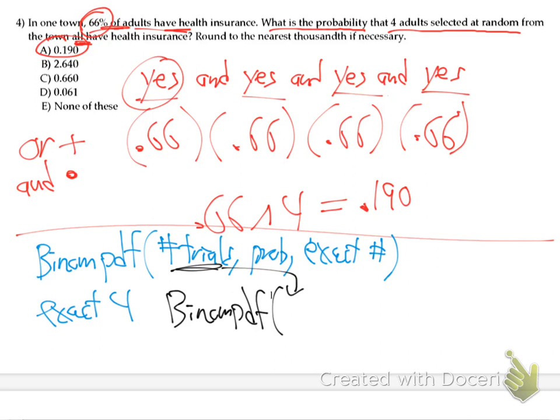We're asking 4 people, hey, do you have health insurance? Hey, how about you? 4 times we're trying this. And what's the probability each time? 66. And what exact number do we want? 4, we want all 4. Same answer. Just do it that way if you prefer. That's actually pretty easy, isn't it? Sometimes binom is more tricky, but that one's pretty nice either way. Is that good? Let's move on. If you're good, I'll move right on.